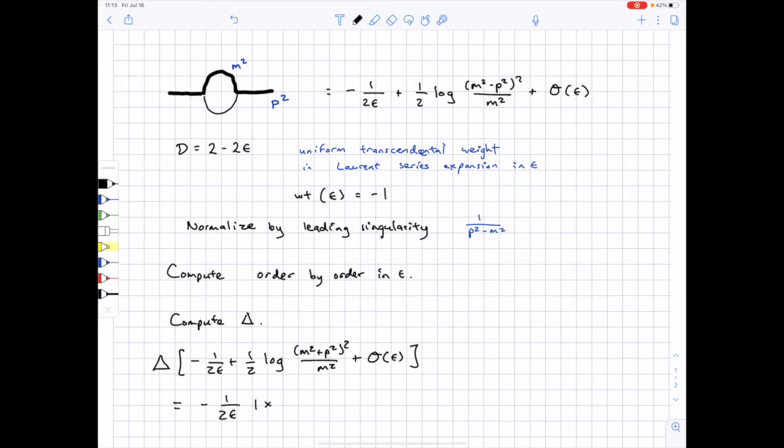So the first one has no logarithms. This is really just, we treat it as a rational number. Epsilon comes along as a constant. And then at the constant order, now we have a log. So we also know what its coaction will be. It's log tensor 1 plus 1 tensor log of this same argument.